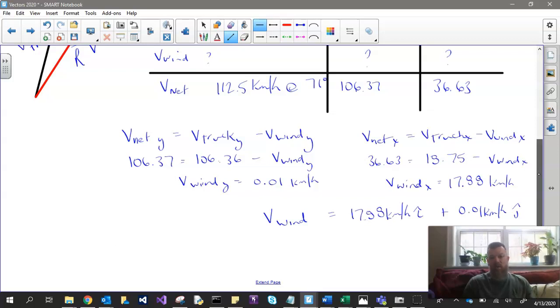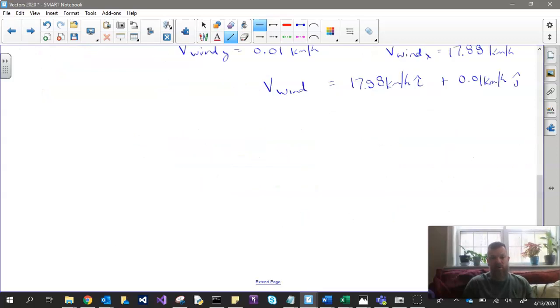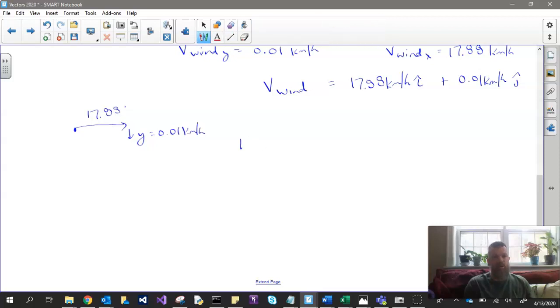If you wanted to finish it up and find out what the actual direction was, then you got to draw your x and y. Remember, draw the x first. So the x value is this, 17.88. And then from that one, not from the starting point, but from here, we draw the y one, which was 0.01 kilometers per hour. You would do Pythagoras.